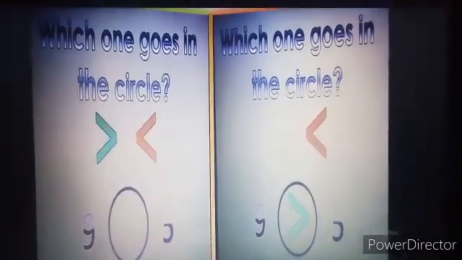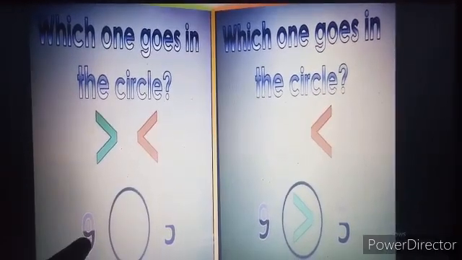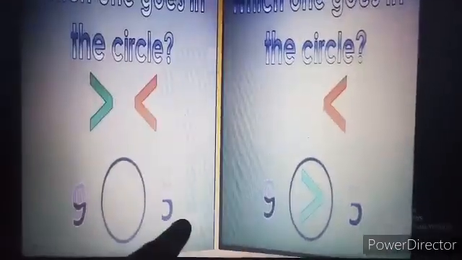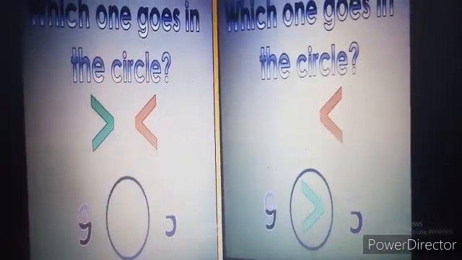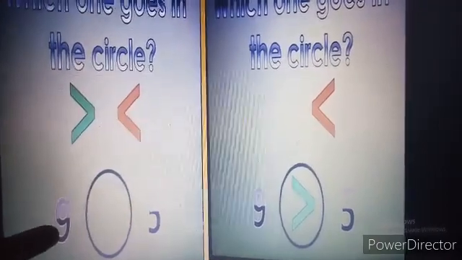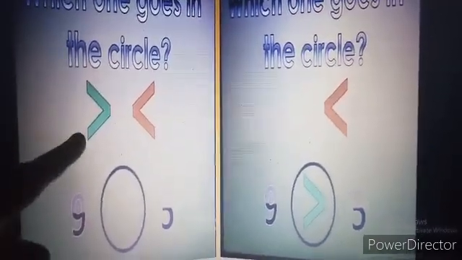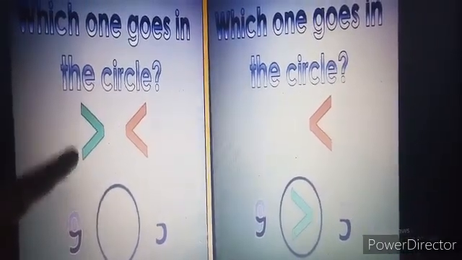Understood? Now tell me which one goes in the circle. Here also two numbers are there, 9 and 5. Okay, now you can tell me which one the symbol will go. The bigger number is 9. So alligator will eat the bigger one. Which symbol you will give? This green color. That green color is greater than sign.